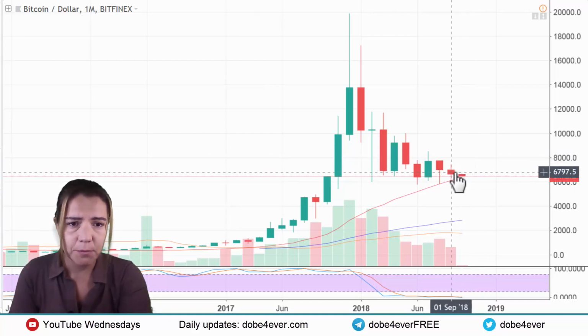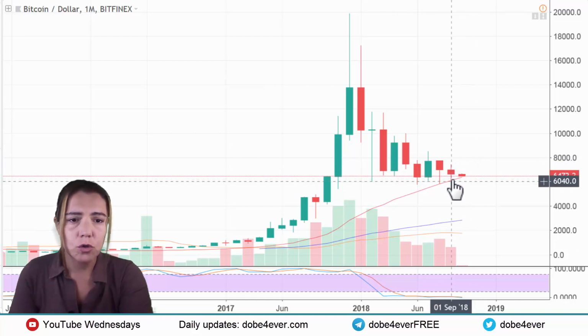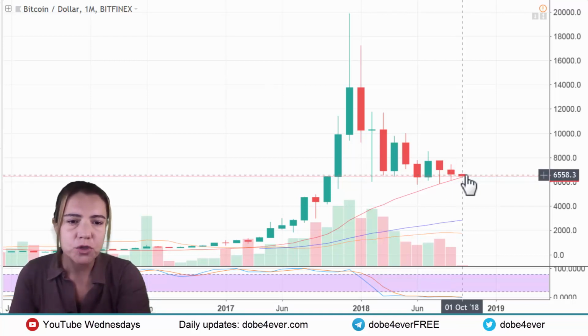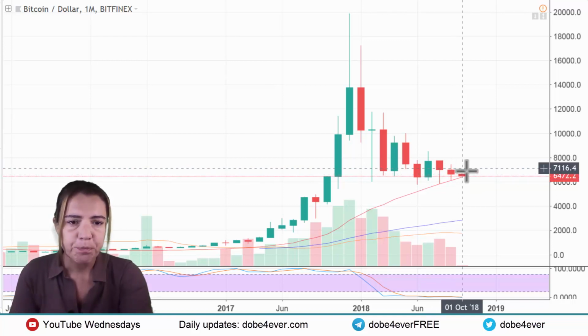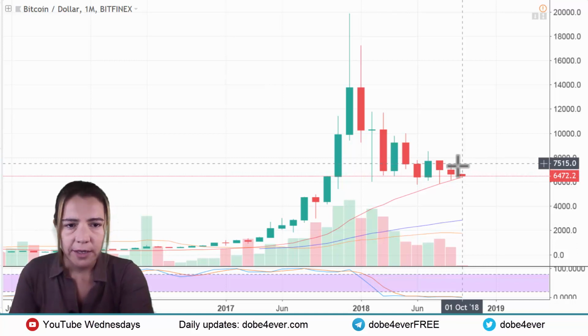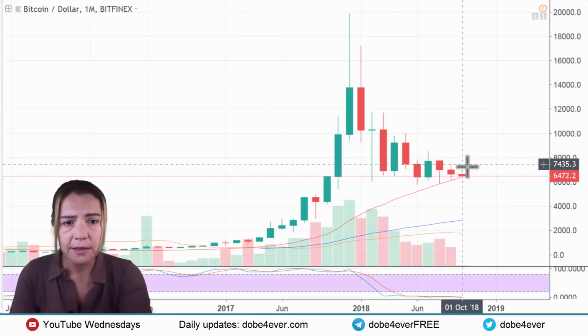For now, last month's candle closed way above the 20-month moving average, so that's positive, but we still need to see a clear bounce here, one candle that's going to be a green candle actually showing a bounce, ideally going above the high of the previous monthly candle.